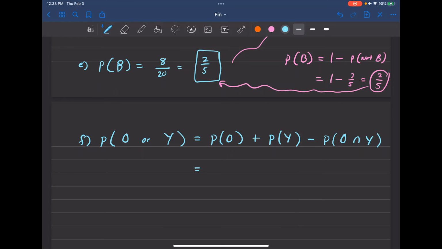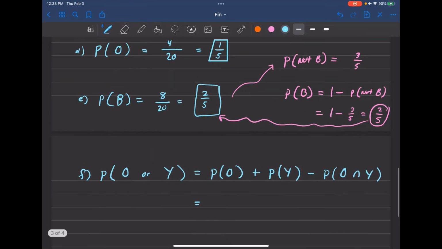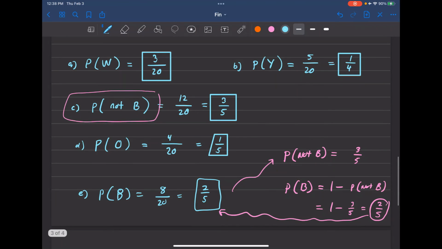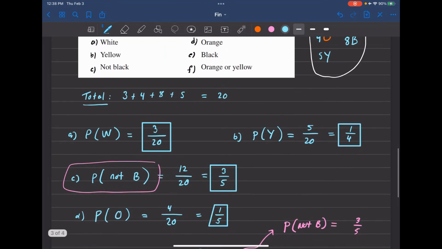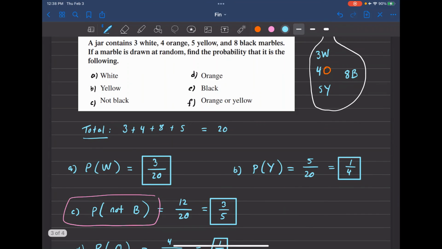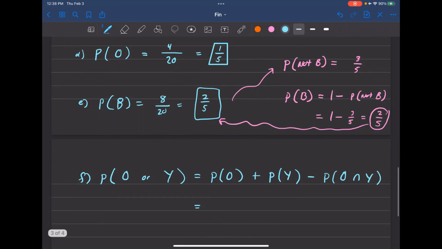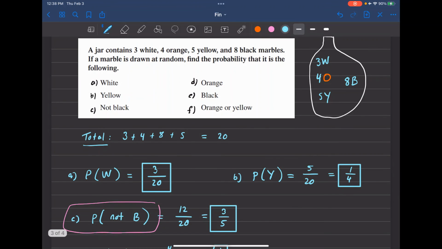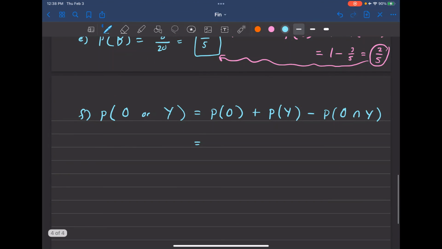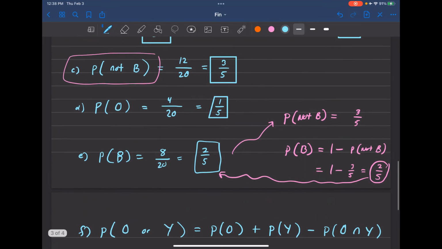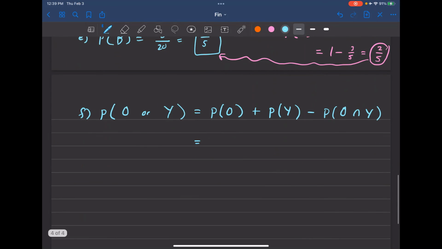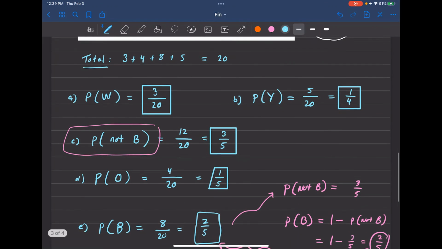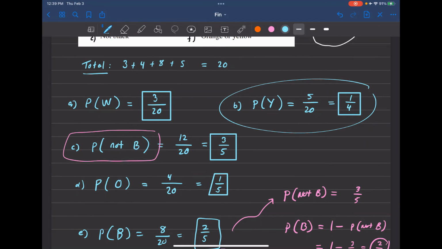This is one of the formulas you would have to use. The probability of getting orange, we know from part D, is 1/5, or you can just look at the jar. Sorry, that's 4 out of 20. I misread that question. So the probability of getting orange is 1/5, plus the probability of getting yellow, which is also right here, 1/4.